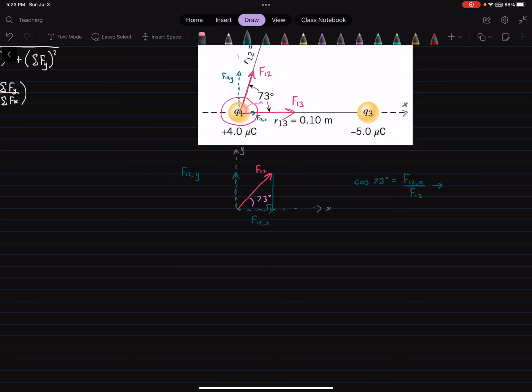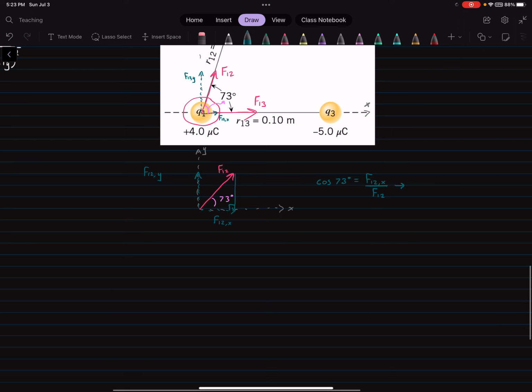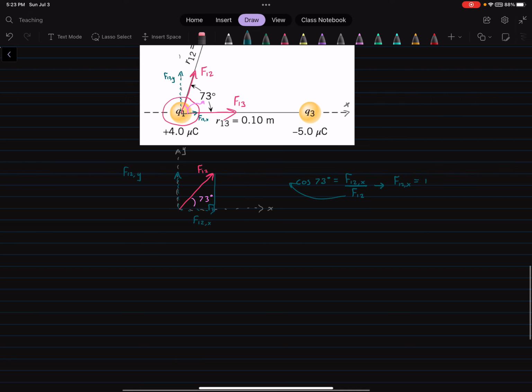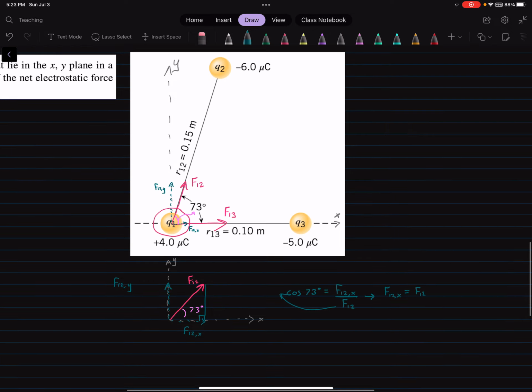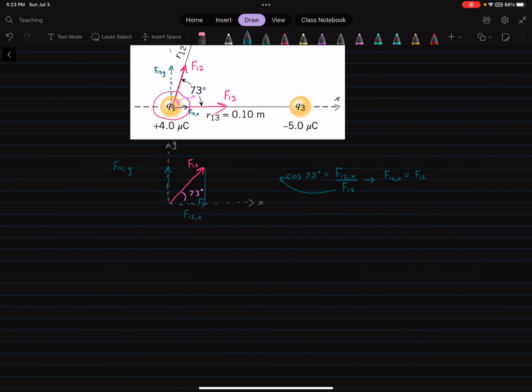And we can rearrange that so F12 in the x direction, what we're wanting, is equal to F12, that full red vector, which is the force on charge 1 due to charge 2, times cosine of 73 degrees. So this is really what we want.